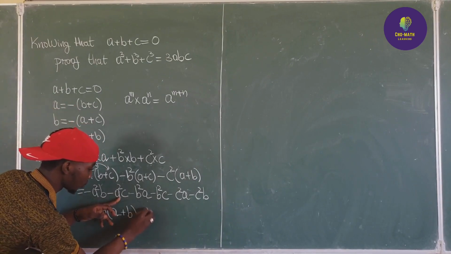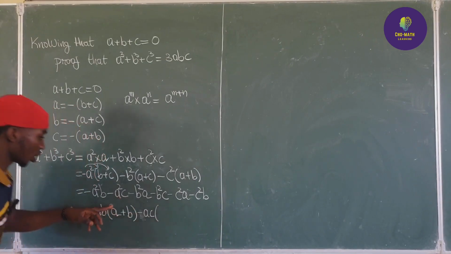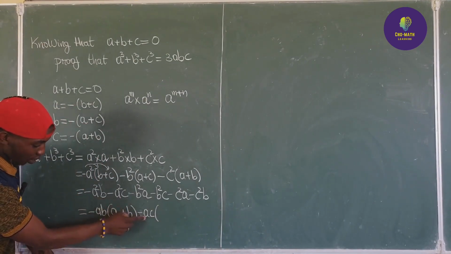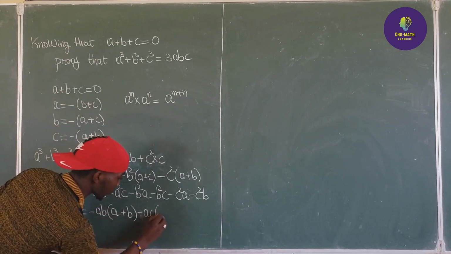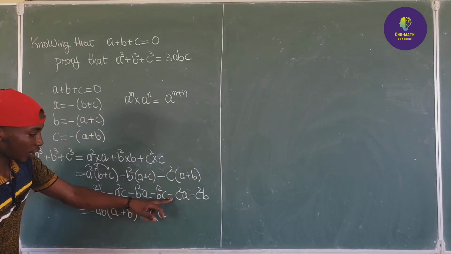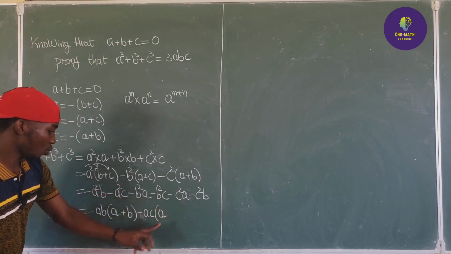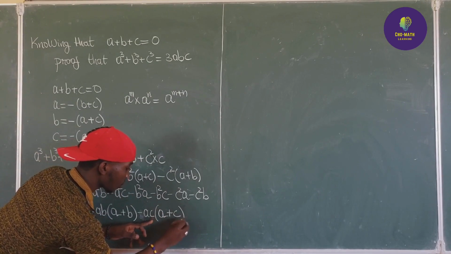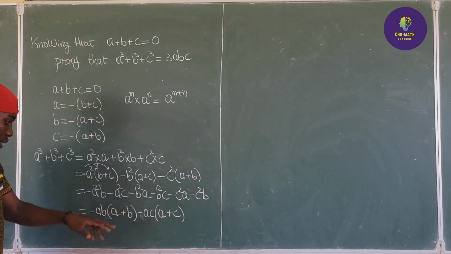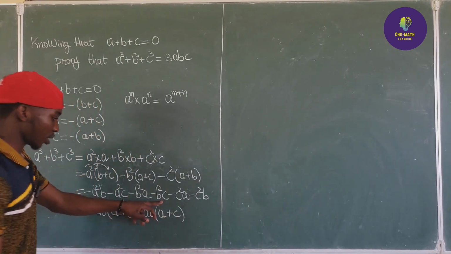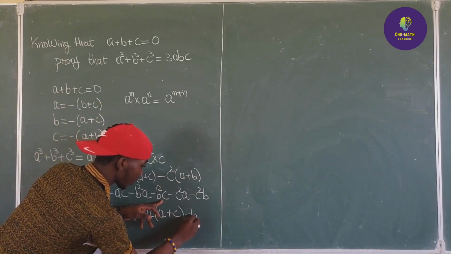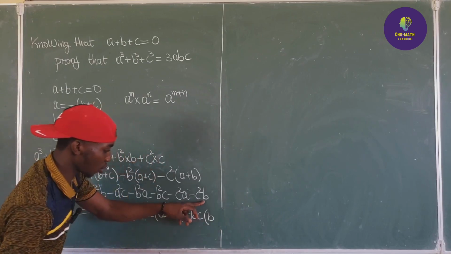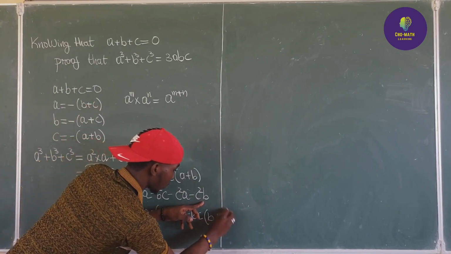That's negative ac into, if I remove negative ac here, we remain with a, and negative c squared a, we'll remove ac, we'll remain with plus c. We do the same for this one, we'll simplify by negative bc into b, then plus c.